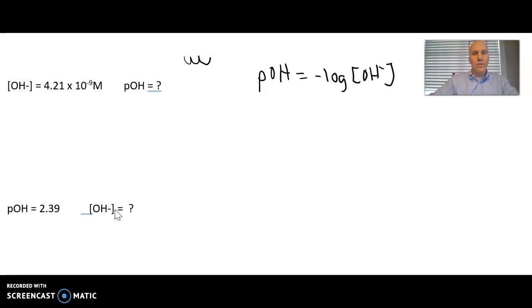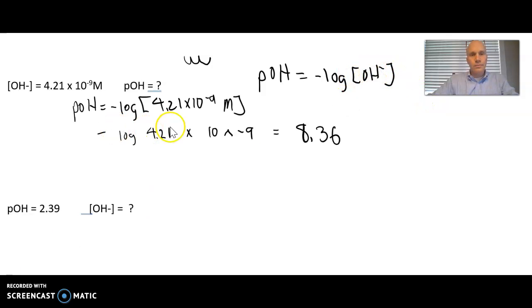For the first one, we know the hydroxide ion concentration, so that would get plugged in right here. When you plug it in, you'll have molarity as a unit there, but when you put it in your calculator, you just ignore the unit.